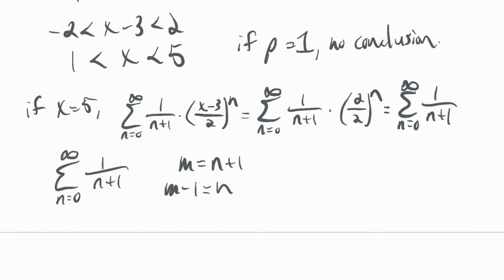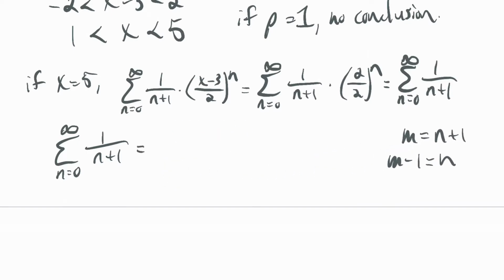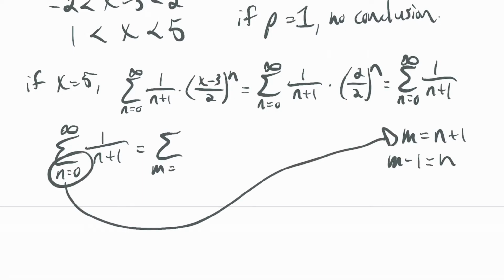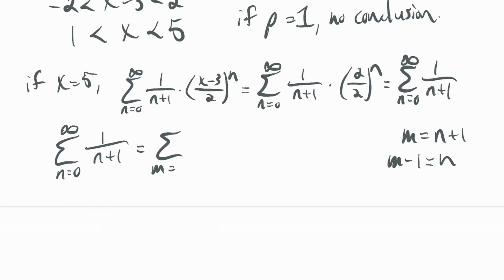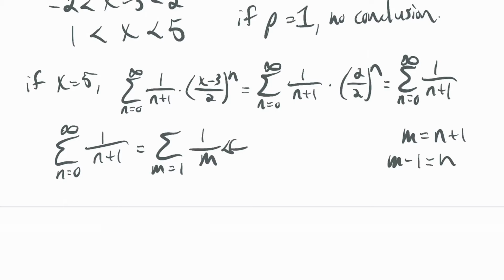So this equals the sum as m goes from 1, because if n is 0, m is 1, of 1 over n plus 1, which is m. Hey, that's the harmonic series, which we know diverges.